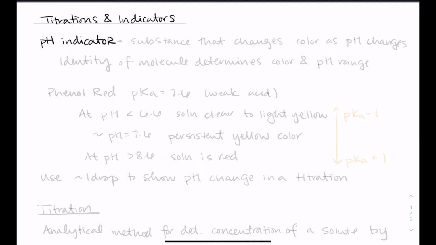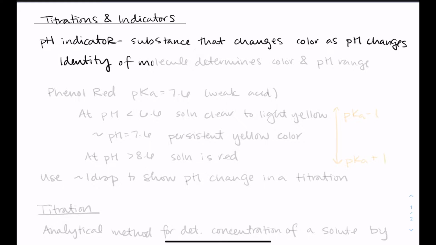in this intro. So, a pH indicator is a substance that changes color as the pH of the solution that it's in changes. The identity of the molecule determines its color and its pH range. Now, we use pH indicators to, I guess, time out our titrations to figure out where our titrations end because it's a really nice visual cue that can work incredibly well.